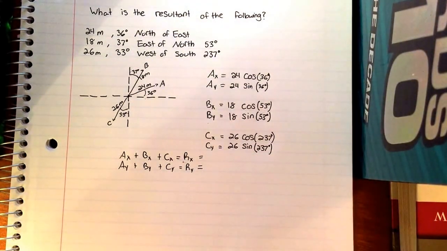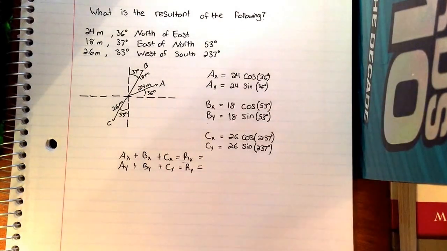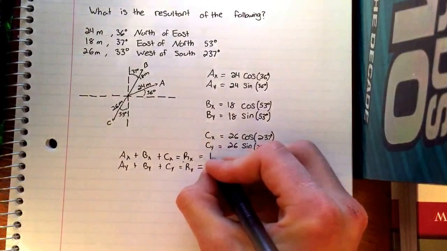So 24 cosine 36 plus 18 cosine 53 plus 26 cosine 237, and we are going to get 16.